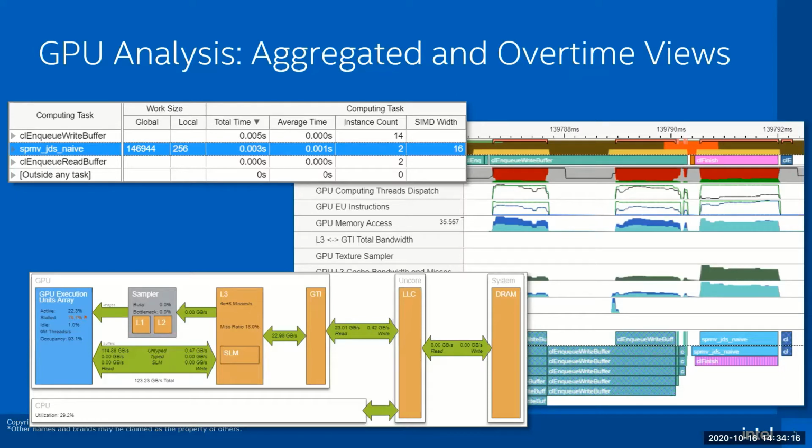The timeline views represent the overall picture during execution, what's going on with GPU and CPU, and architectural diagrams of Intel GPUs, with some metrics applied on the blocks of this diagram. We'll talk about that a bit later in more detail.